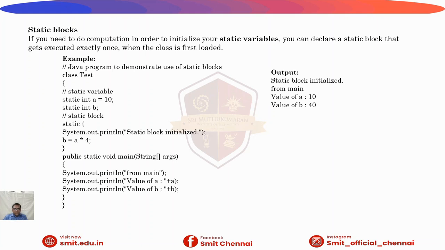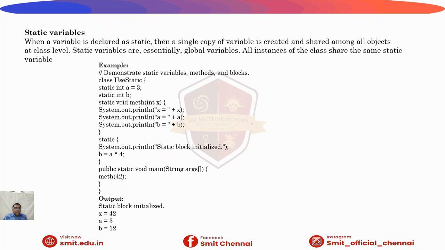So now next is the static variables. When we declare a variable using the keyword static, it is called a static variable. Now in this program, again we have the class name UseStatic, and you can see here we have declared the static variables.